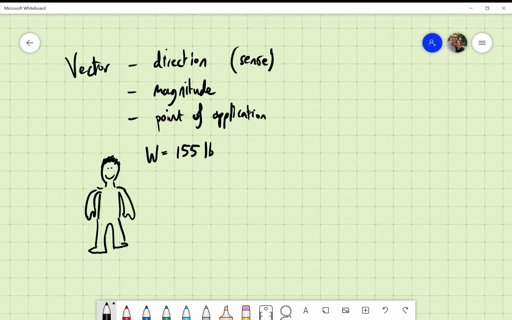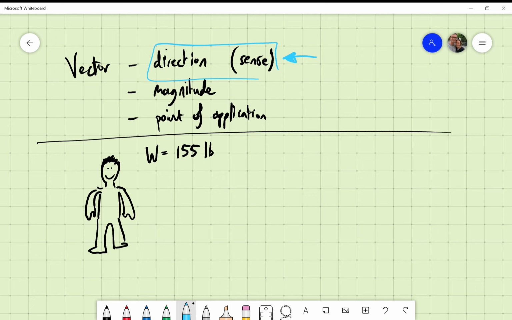So let me quickly check in with you. Why is weight a vector and not a scalar? Why do we call it that? Does it actually have a direction? Okay, remember this is the thing which sets apart vectors from scalars. You have to be able to assign a direction to it.